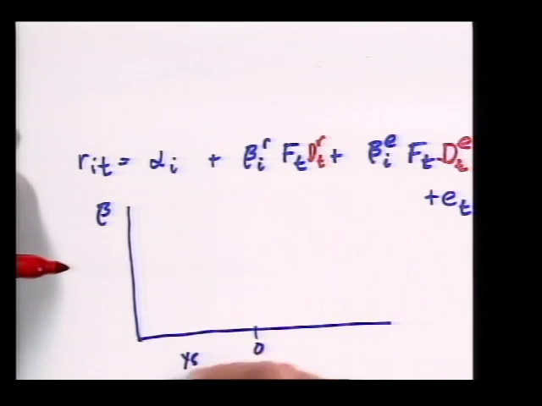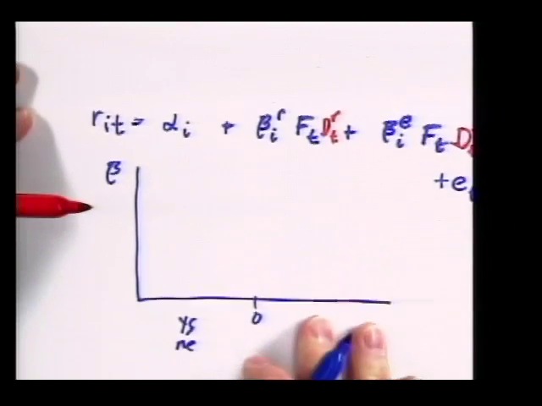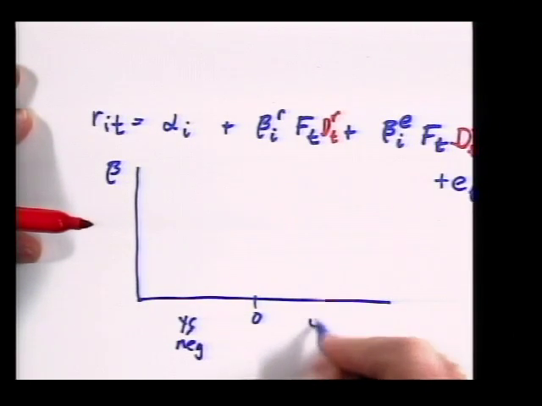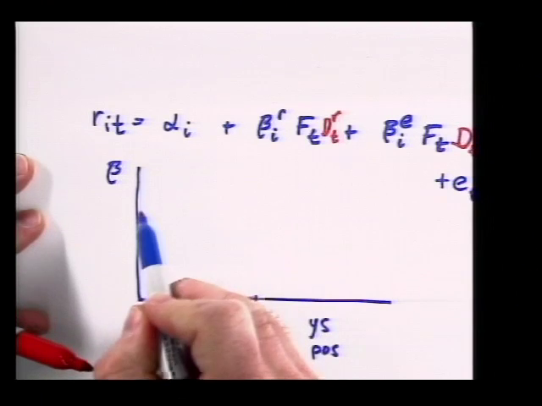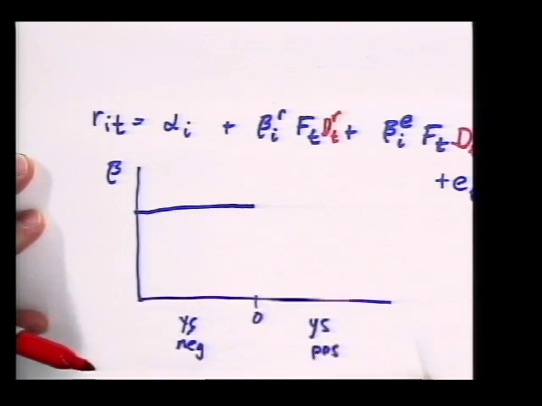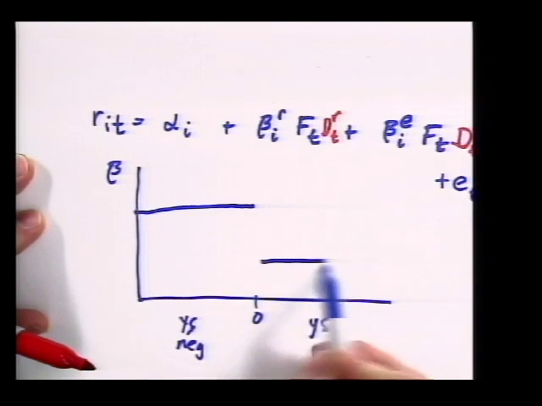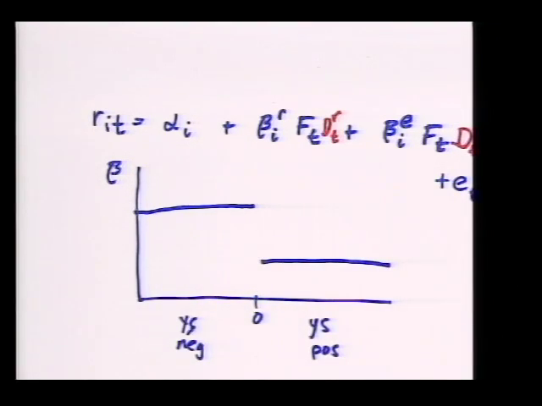The yield spread here is negative, and the yield spread here is positive. We just created an indicator variable. It might be that the beta function looks like this, up to 0, and then it jumps down like that. A very simple beta changing through time at one particular spot. It jumps. So it's another way to get a dynamic type of beta.